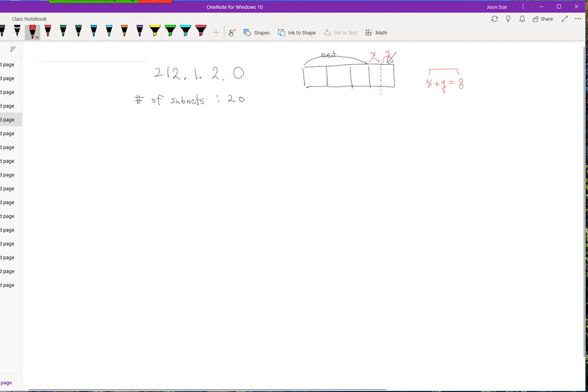And you know that this X will determine the number of subnets, right?